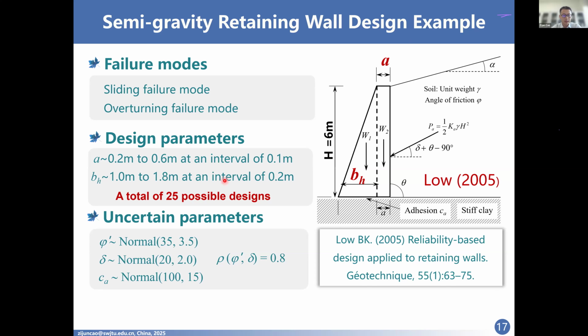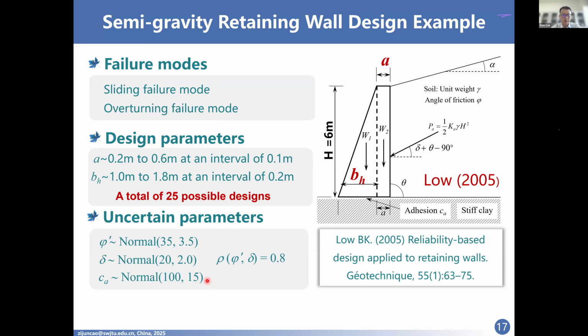There are 3 uncertain parameters, including the effective friction angle, the interface friction between the soil and the wall, and the adhesion between the wall base and the soil. They are assumed to be normally distributed for illustration.